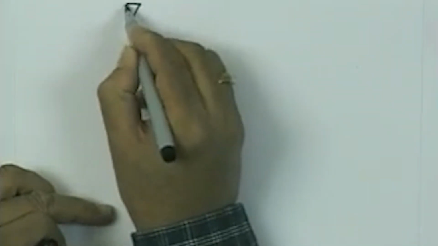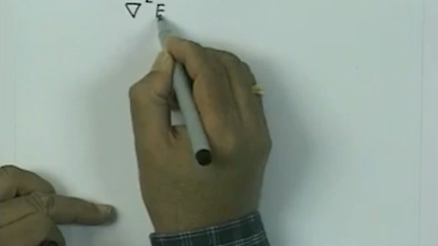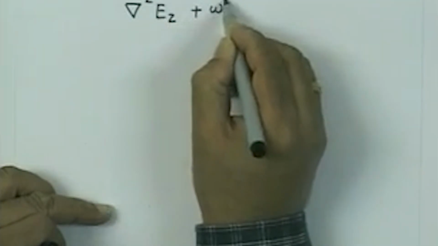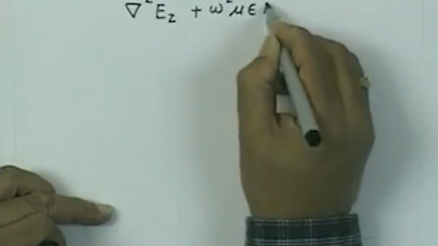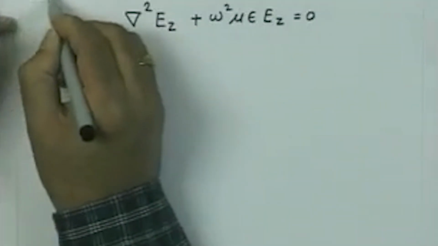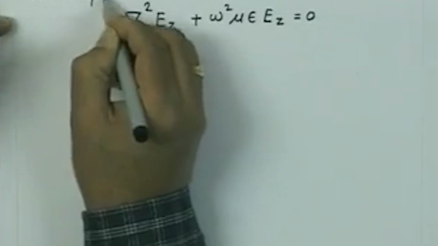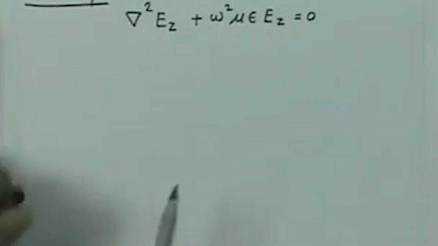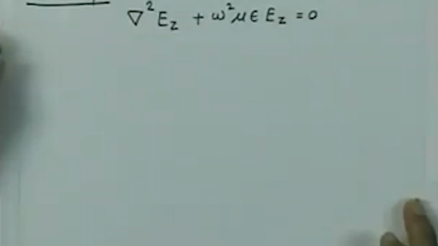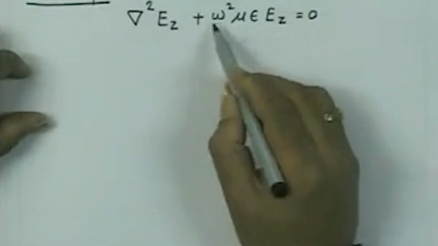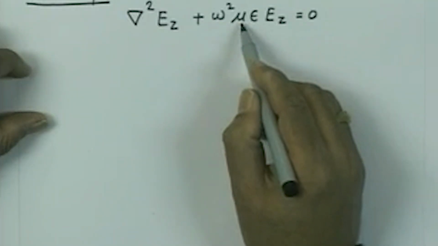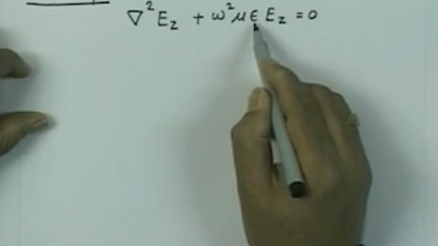So, if I take the wave equation in the Cartesian coordinate system, this Ez is a scalar quantity. So, we can write down the wave equation, which is del square Ez plus omega square mu epsilon Ez is equal to 0. This is the wave equation. This equation is a scalar equation, and omega is the frequency, mu is the permeability of the medium, and epsilon is the permittivity of the medium which is filling this waveguide.